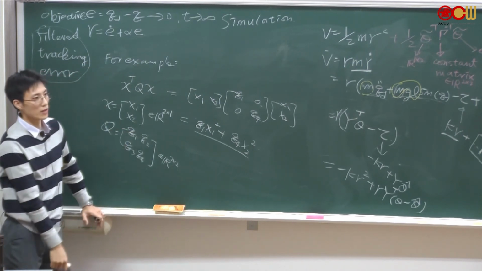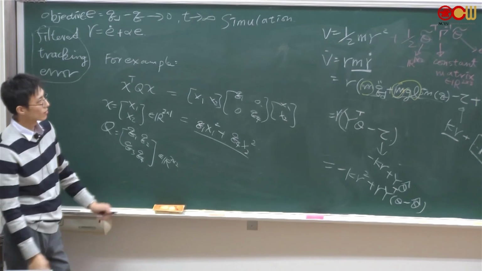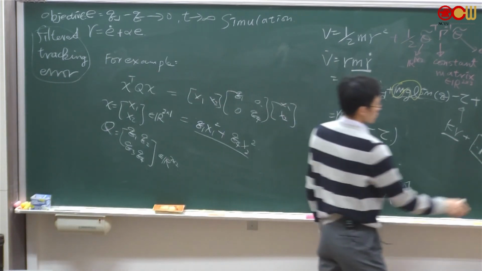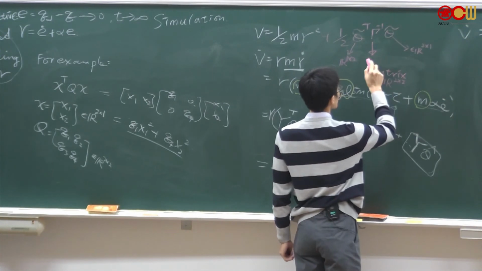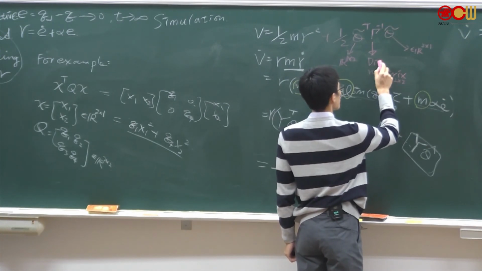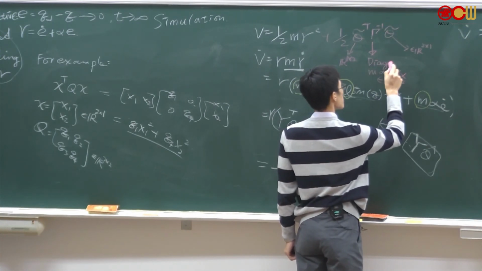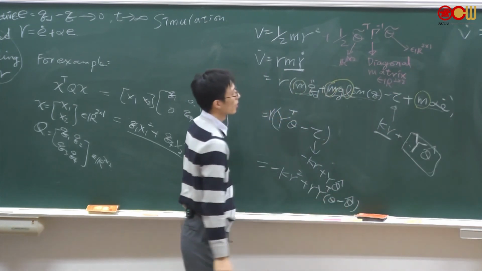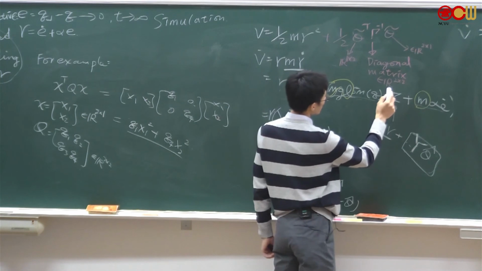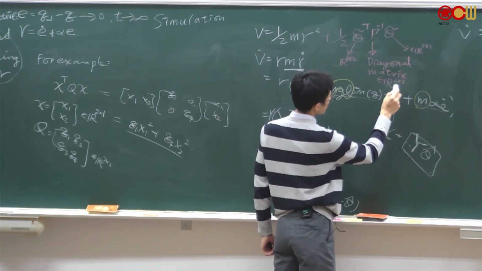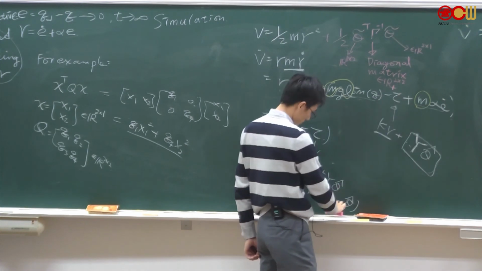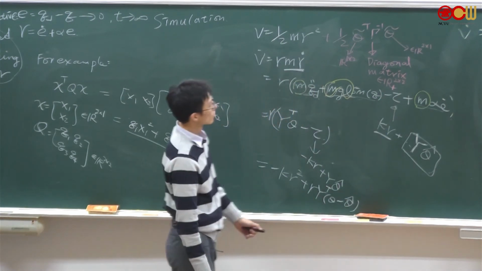So it's positive definite for this. So this is a diagonal matrix, a positive diagonal matrix.